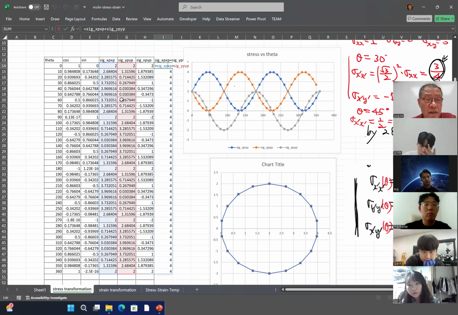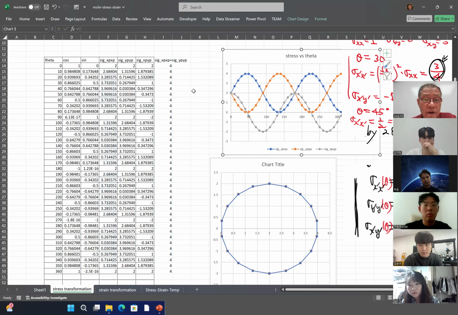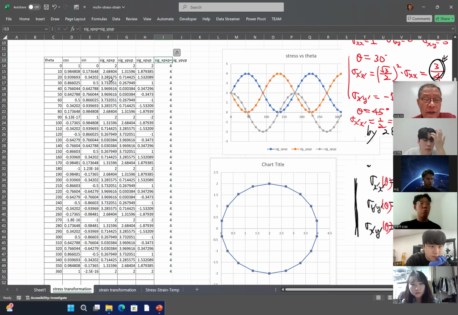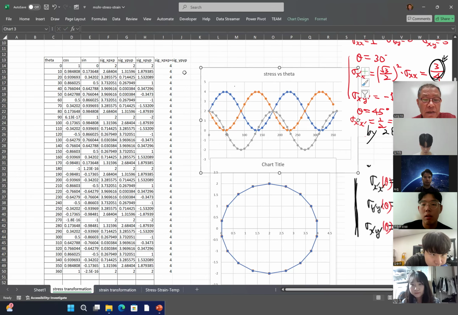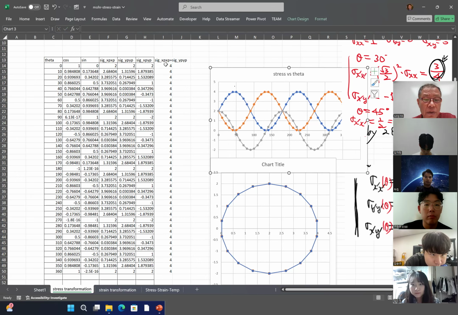And as you observed from the homework, this value, the summation of x prime and y prime, does not change. Well, we need to understand why, but it's very important to observe.